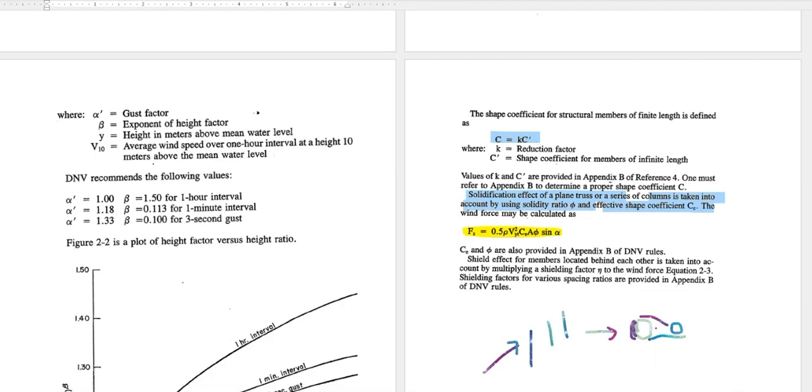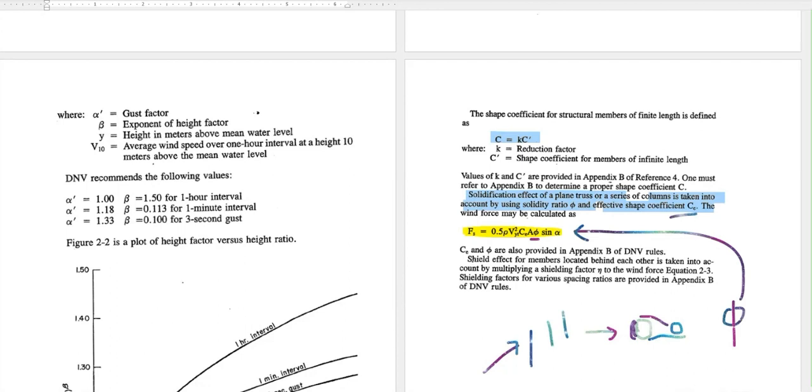This is called the effect of solidity, or solidification effect. We need to take this into account by using the solidity ratio. That is already taken care of here by using this factor phi, the effective coefficient of each member.